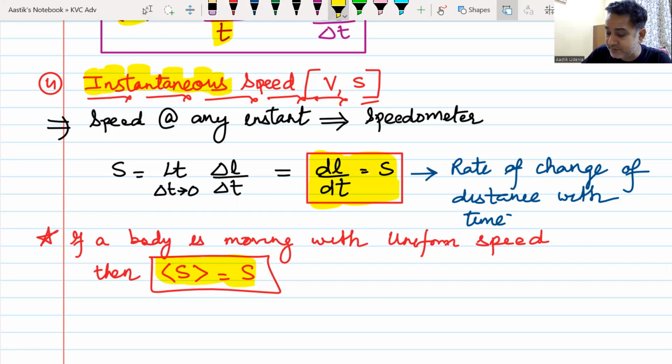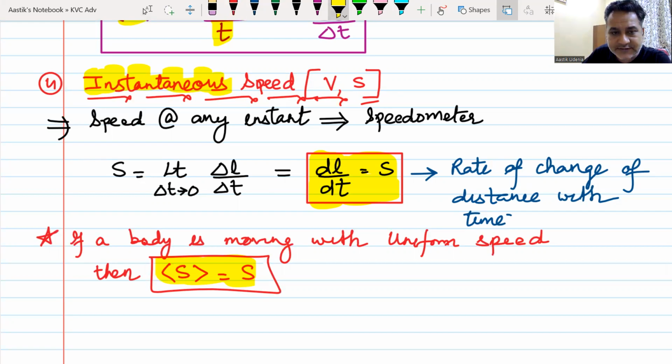If you just remember these simple things, my dear friends, most of the questions that are going to come will be based on these simple concepts. They will ask you what is the average speed, what is the average velocity. Let us tackle these questions. Are you ready for the first one?